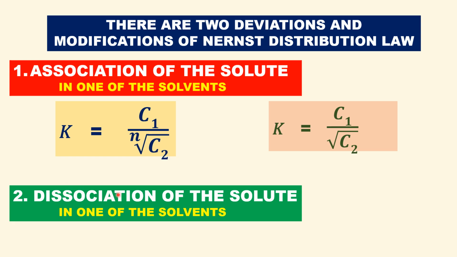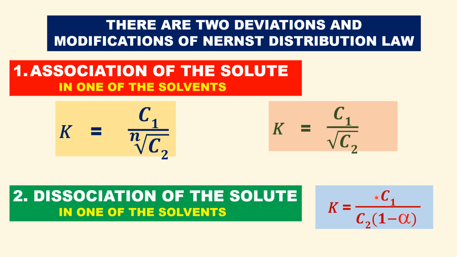The second case is dissociation of the solute in one of the solvents. In this case, K equals C1 by C2 (1 minus alpha), where alpha is the degree of dissociation, the fraction of the solute dissociated.